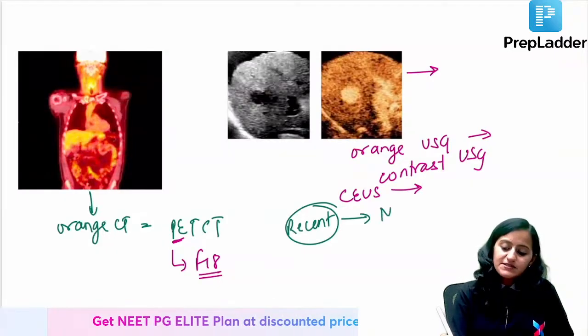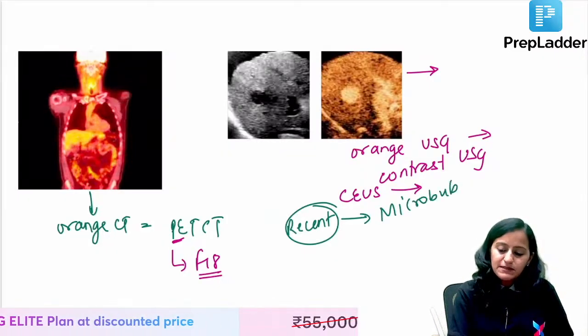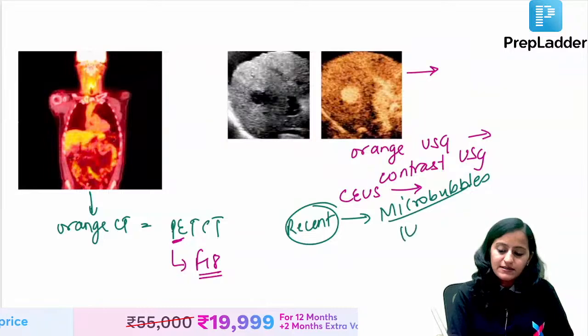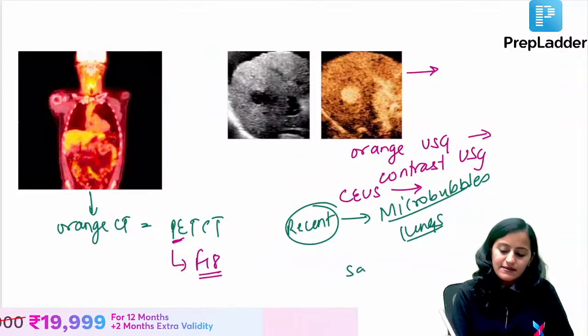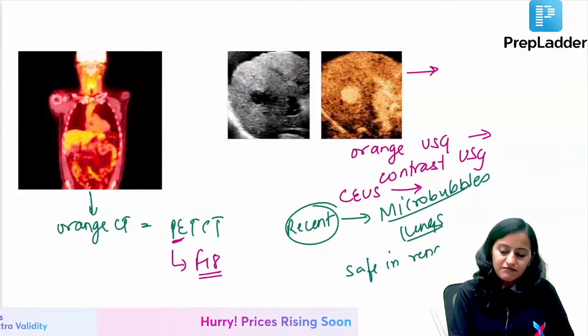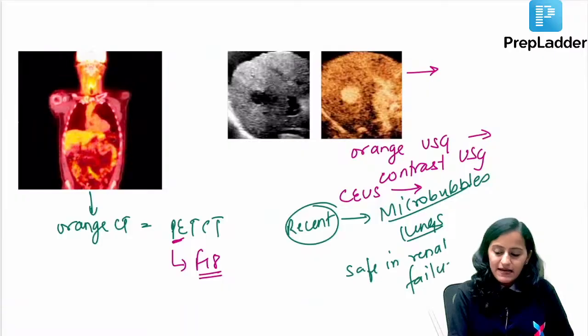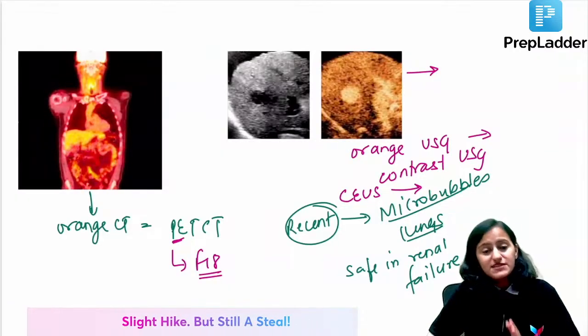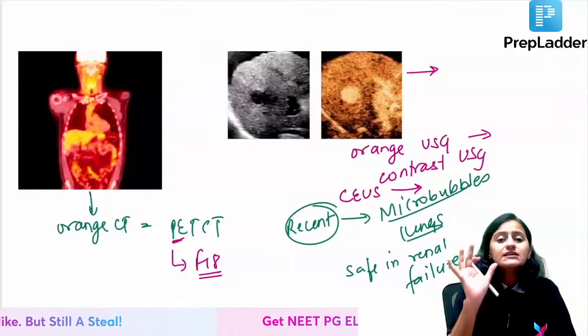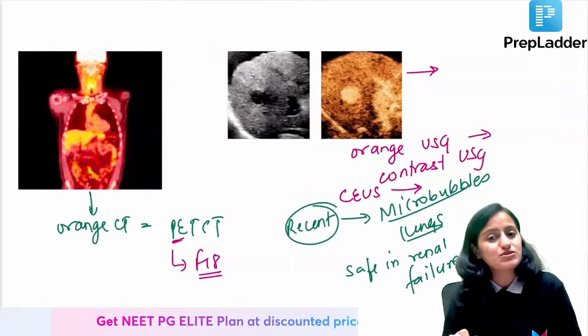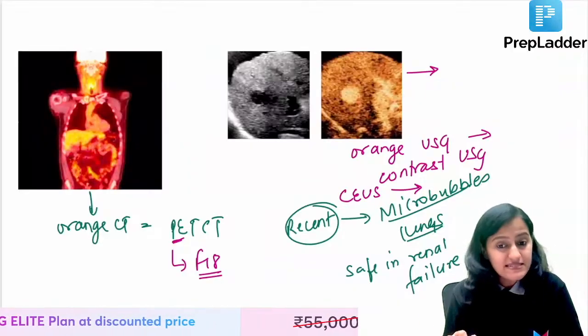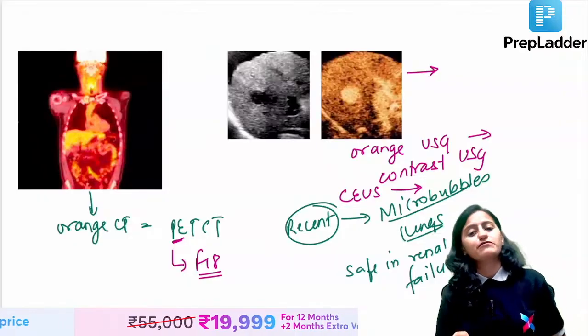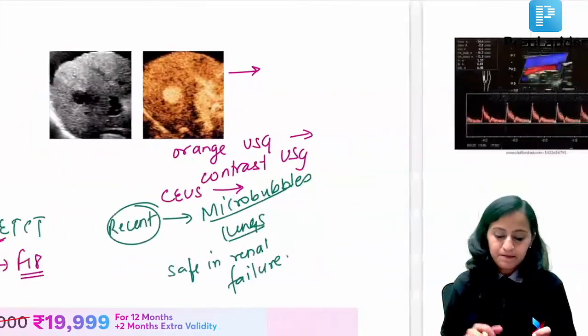Because the contrast used here is microbubbles which are excreted via the lungs, and that is why this is safe in renal failure. Okay, so this is the question asked, which contrast can you give safely in renal failure? Ultrasound contrast. Okay, it is excreted by the lungs. Sonovue, Sonoview, that's the brand name of the ultrasound contrast.